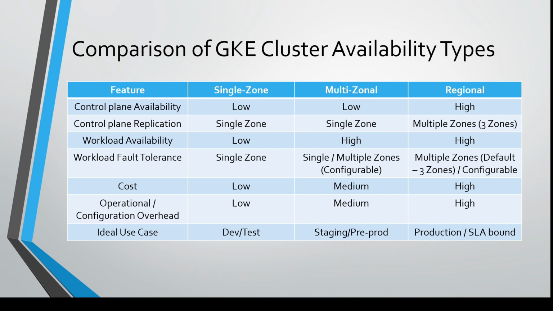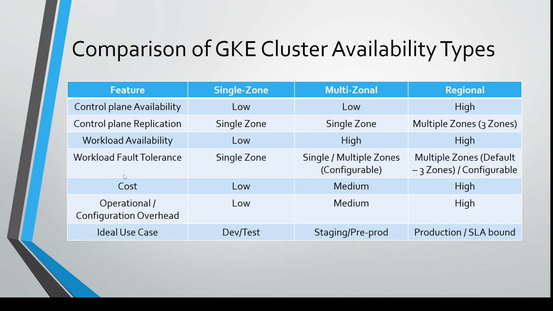So workload availability for single zone is low. Multi-zonal is high because you can have your workloads spread across multiple availability zones based on your needs. So workload availability for multi-zonal is high, and the regional cluster is the same. Yes, you can have high availability for your workloads as part of the design.